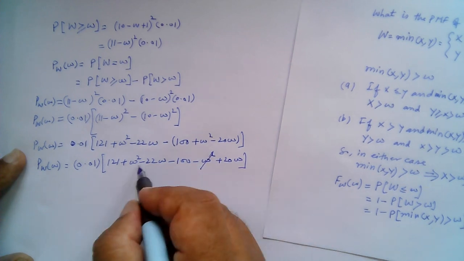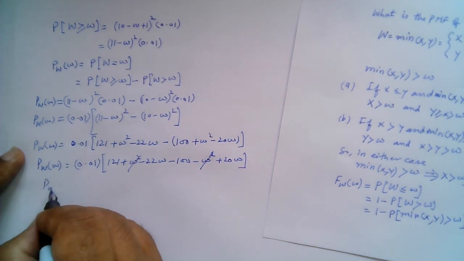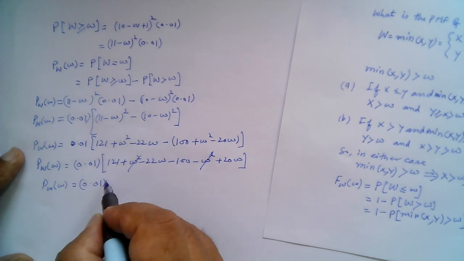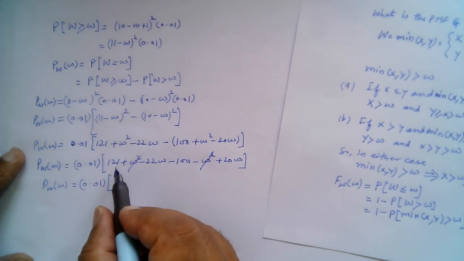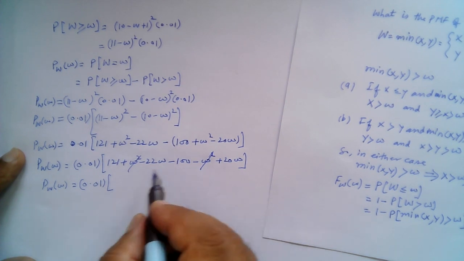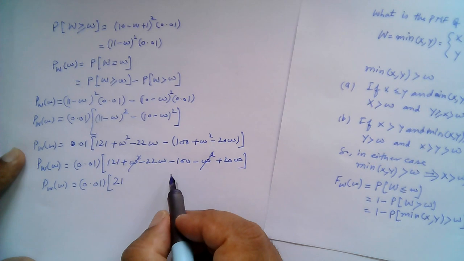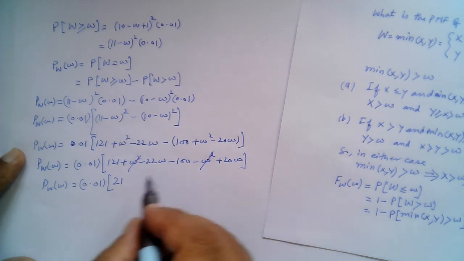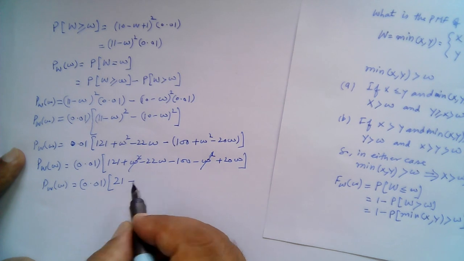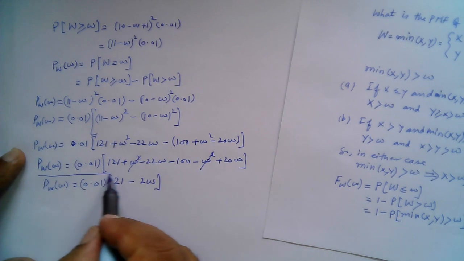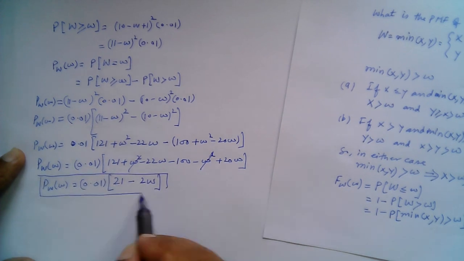So the w squares cancel out, and P_W(w) is 0.01 times, 121 minus 100 is simply 21, and minus 22w plus 20w is simply minus 2w. So this is the expression for the PMF of the random variable W.